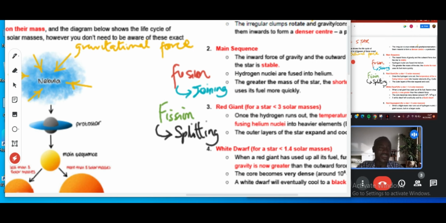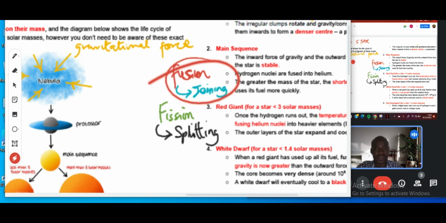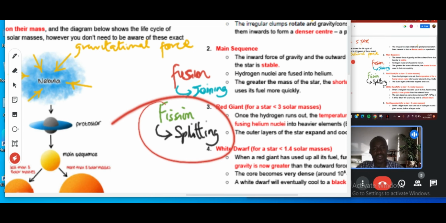So it is just at the experimental level in particle accelerators, because the pressure and heat required to make fusion possible is so high that materials that can withstand such heat are yet to be produced. So fusion is not common. It's not currently practicalized. I hope you can hear me. All right, so fission is easy to replicate on Earth.